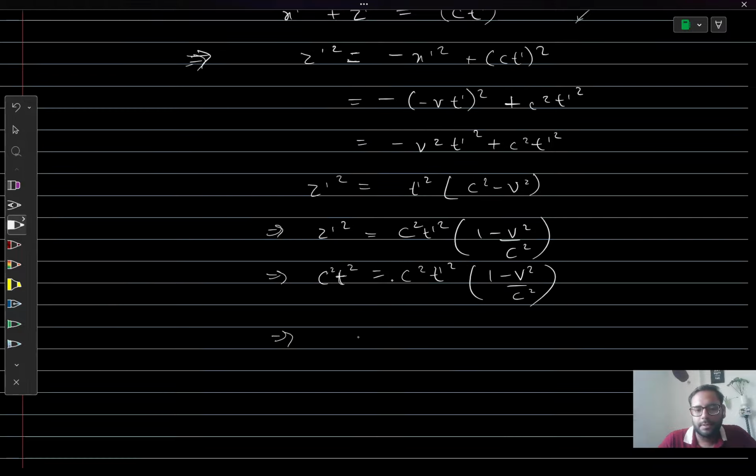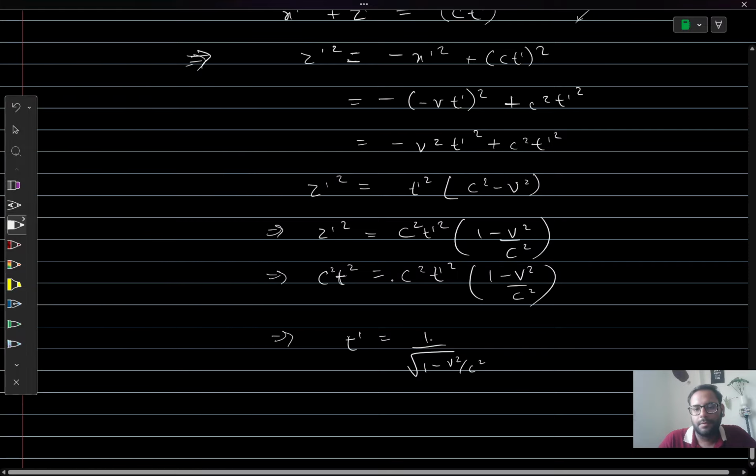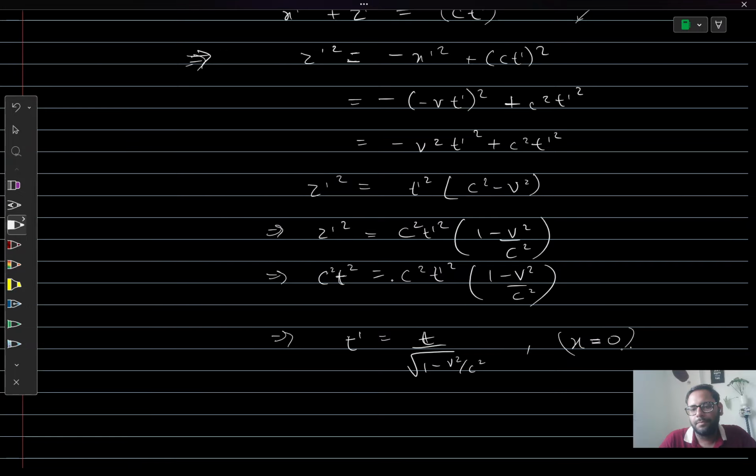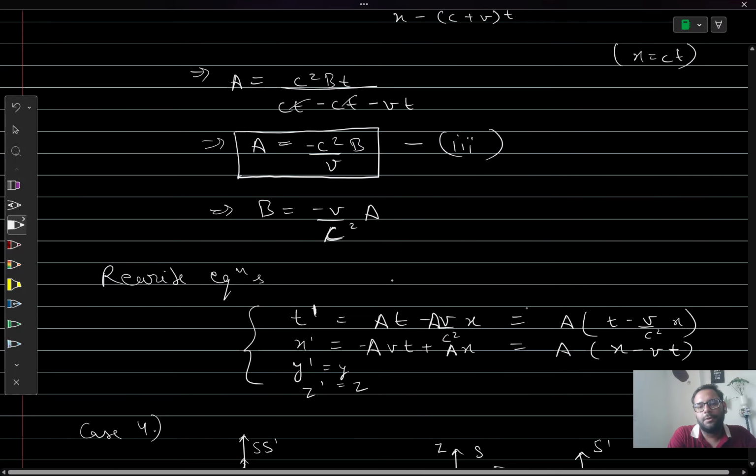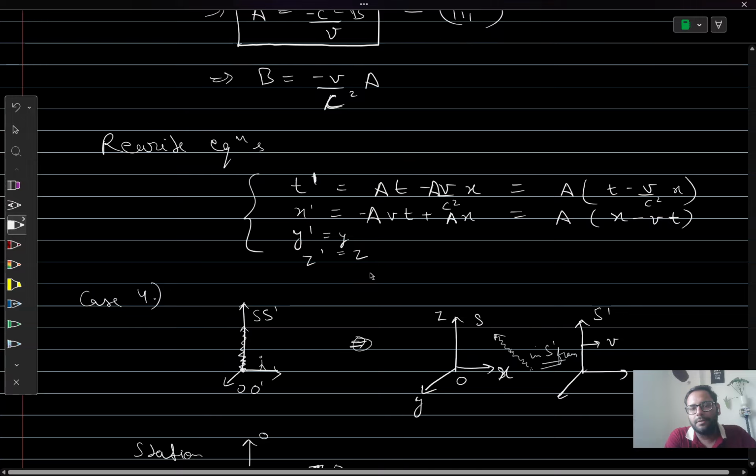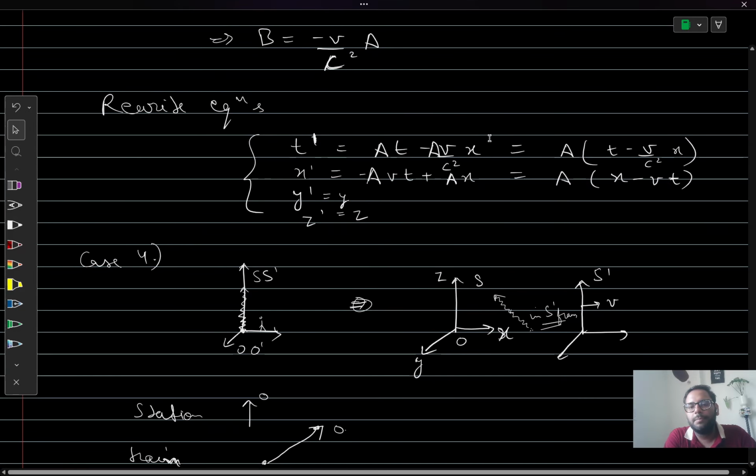You will find this kind of equation: t prime is equal to 1 upon the square root of (1 minus v squared over c squared) times t, and we have considered this event at x equals 0. Now take this equation, we have rewritten it. Take the t prime equation.